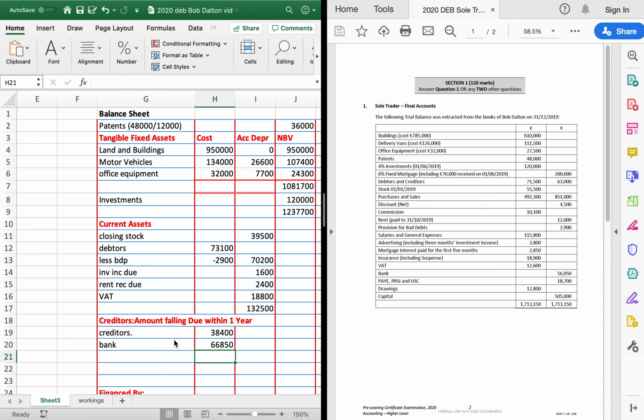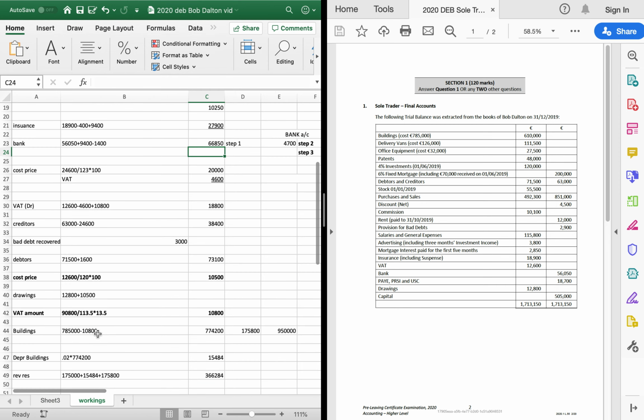I'm just not happy with that bank figure. 56,050 plus 94 minus 1,400.